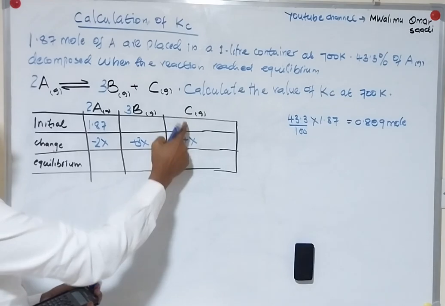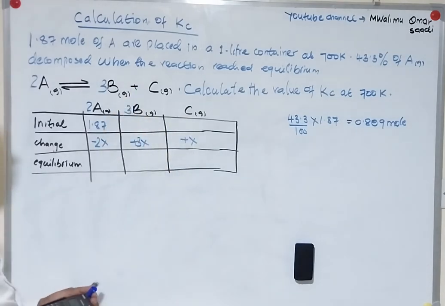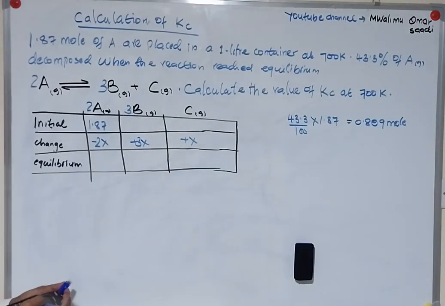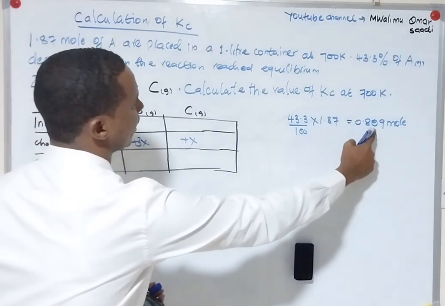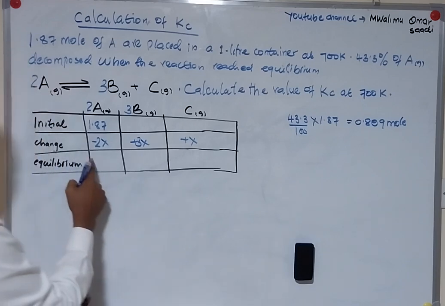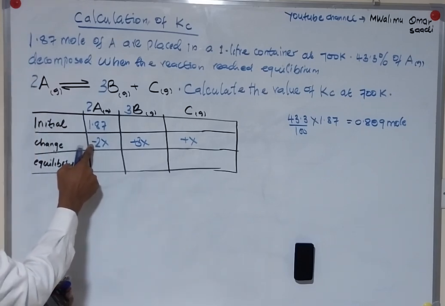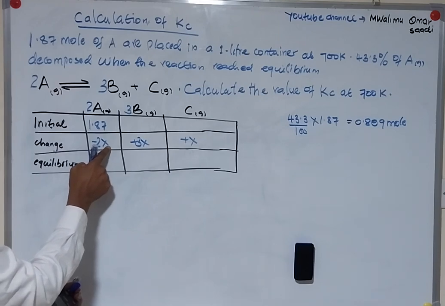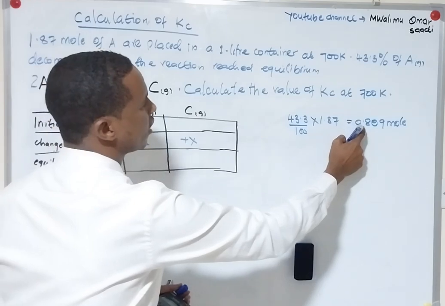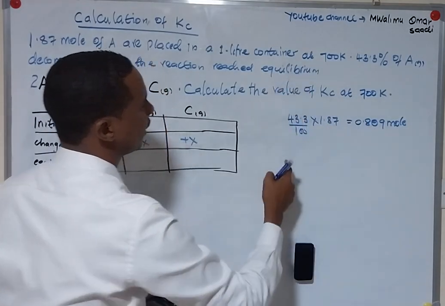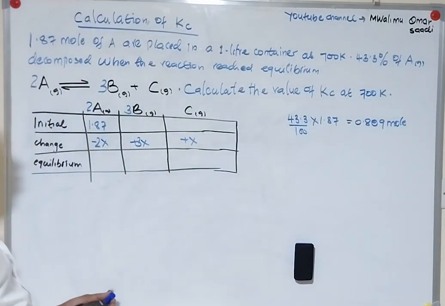And the coefficient here is 1, so we'll have only plus X. So this is the moles of A that has decomposed, and this is equal to 2X, because the change of A is 2X, and the change of A we are given is 0.809, the 43% of 1.87 of A.